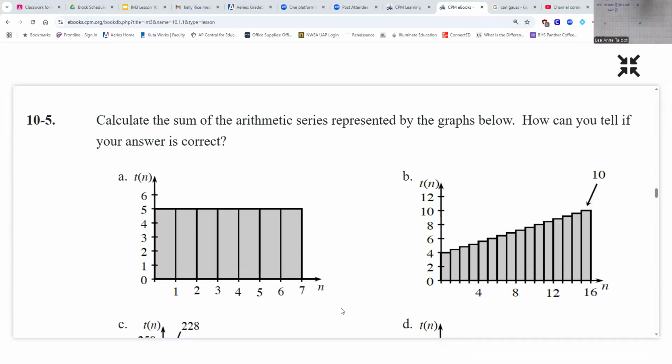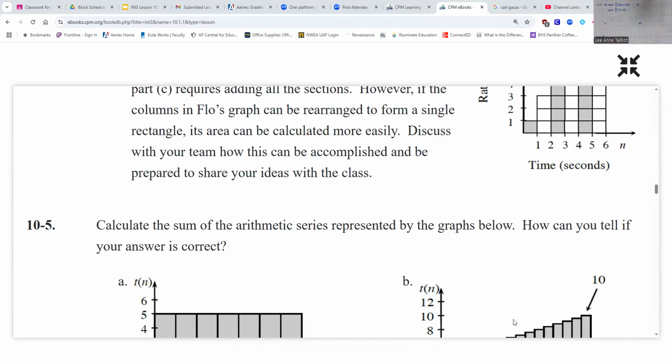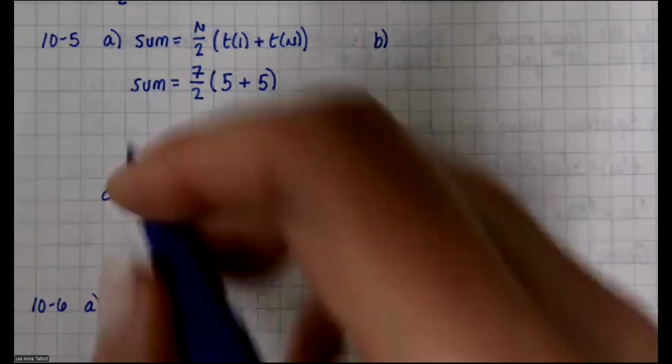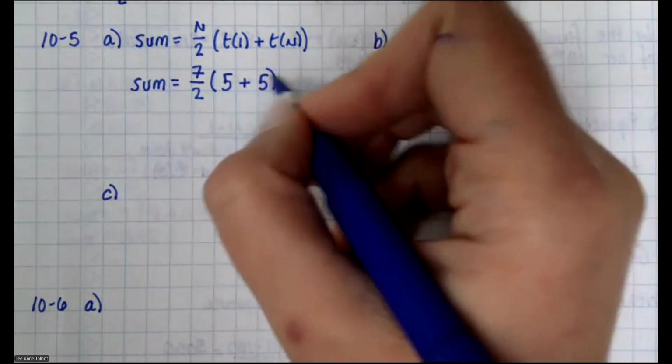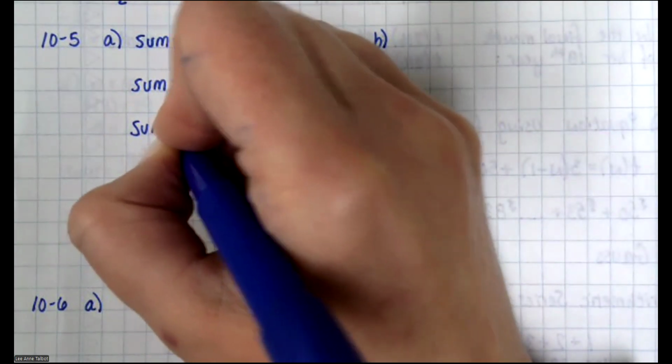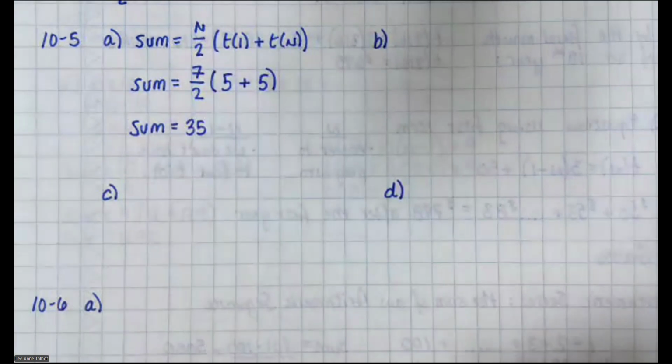What is the height of the first bar? 5. What is the height of the 7th bar? 5. Okay, so this is 10 times 7 is 70 divided by 2 is 35.